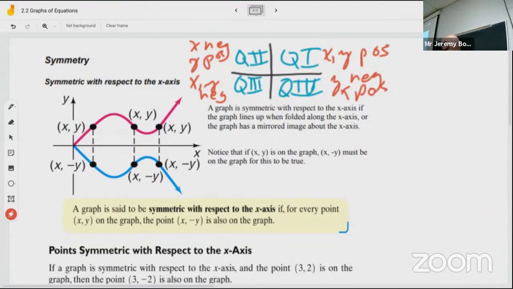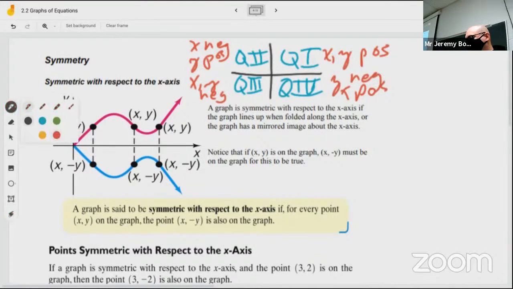The other way to imagine it, and this is how I've always done it, is if I folded that plane along the x-axis, this curve would match that curve. And in this case, it would. Now, they don't always have to touch. You see how these kind of collide here?